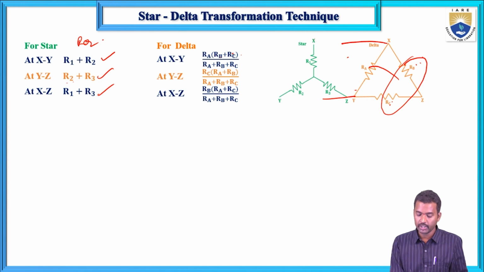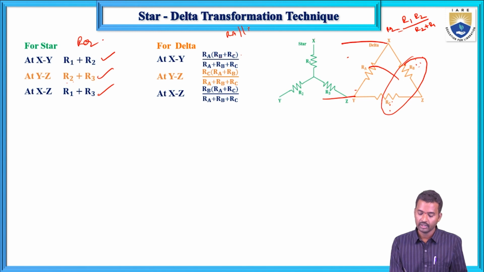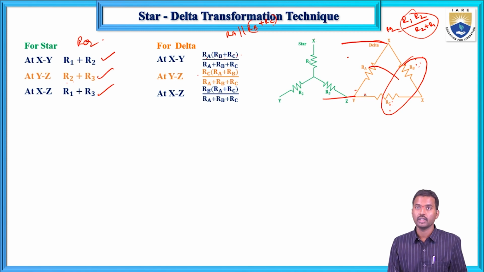So addition RB plus RC, and if two resistors R1 and R2 are connected in parallel, then R equivalent equals R1 into R2 divided by R1 plus R2. Now RA and RB plus RC are connected in parallel, so using this formula, RA into RB plus RC divided by RA plus RB plus RC. This is at the XY terminals only.